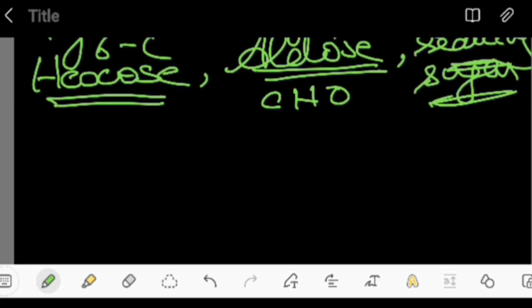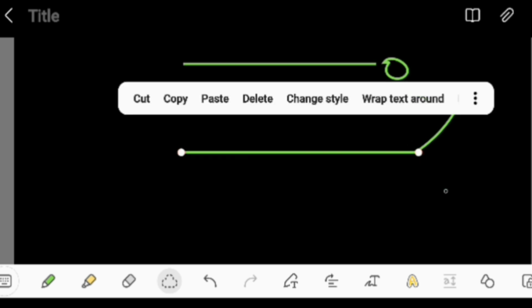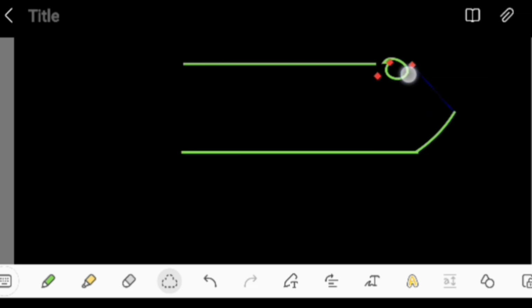Now, do you need the structure of it? I'll just draw it. Okay.